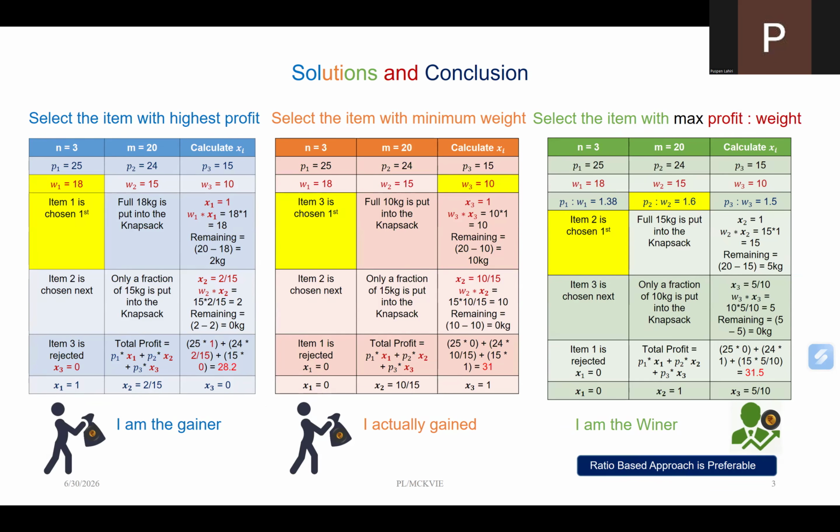Out of the three proposals, we identified the last one, the ratio based proposal. This approach is finally preferred because it earns the maximum profit. So based on these three proposals, we have finally accepted the last one, based on which we will go for writing the algorithm.